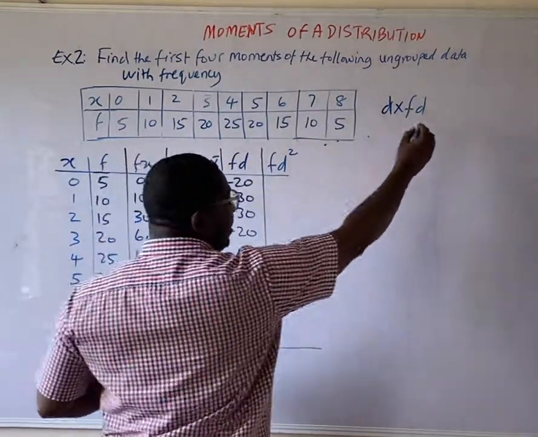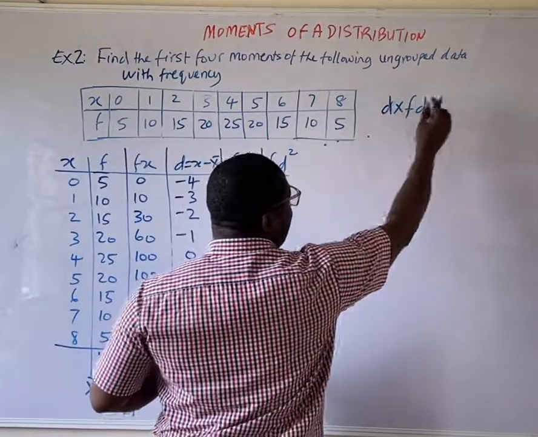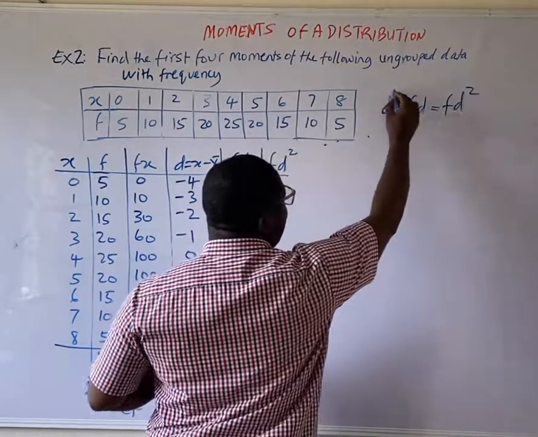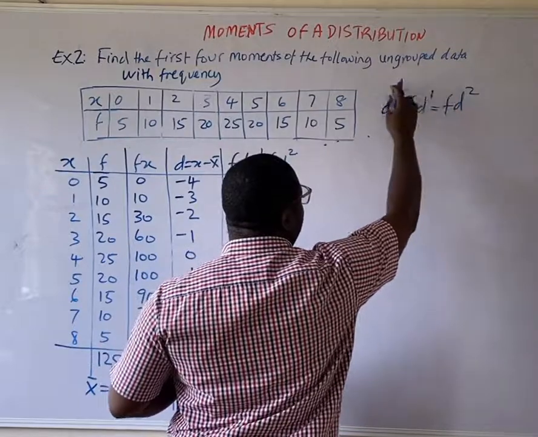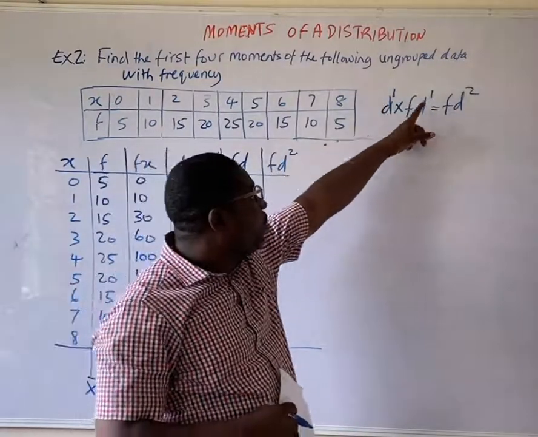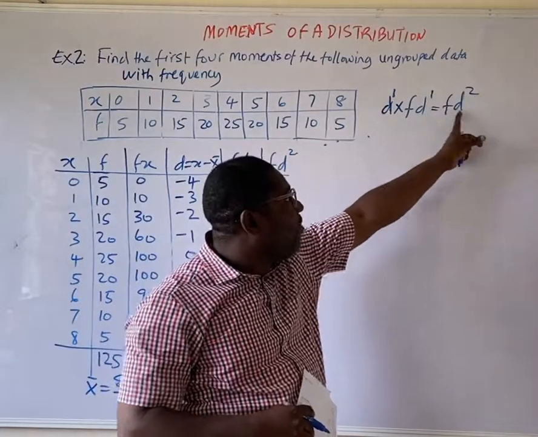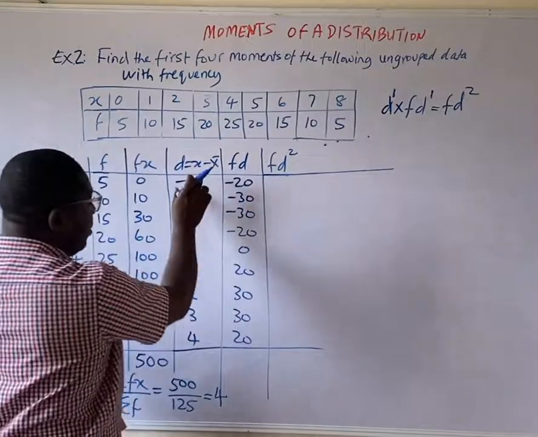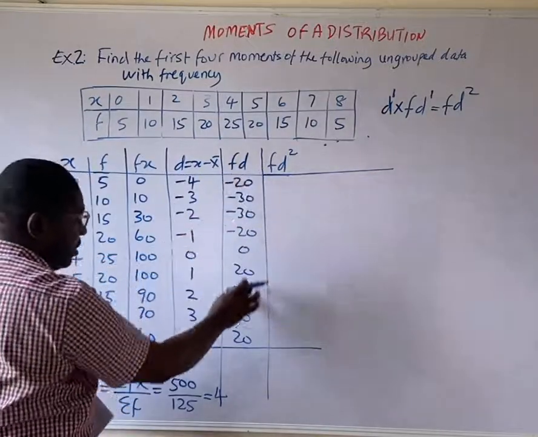D times fd will give us f times d raised to power 2. Remember, this is 1 and this is 1. And according to the law of indices, 1 plus 1 will give us 2. So to get the values for this will be the deviation times this.